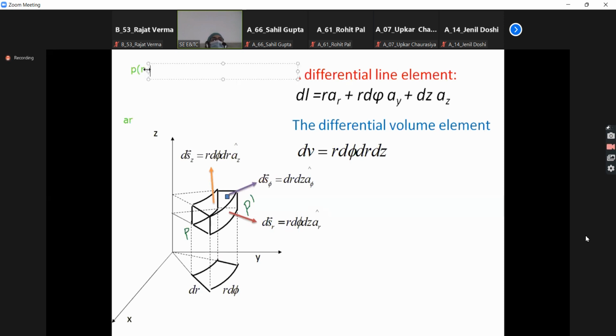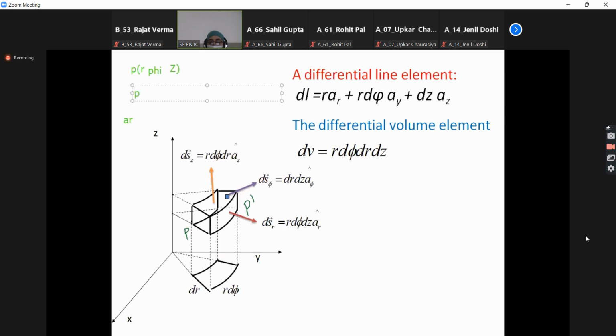Okay, so जब भी आप point कोई लिखते हो, so it is r, phi and z. This is how you write down any point r phi z. Okay, so p dash क्या होगा अभी?